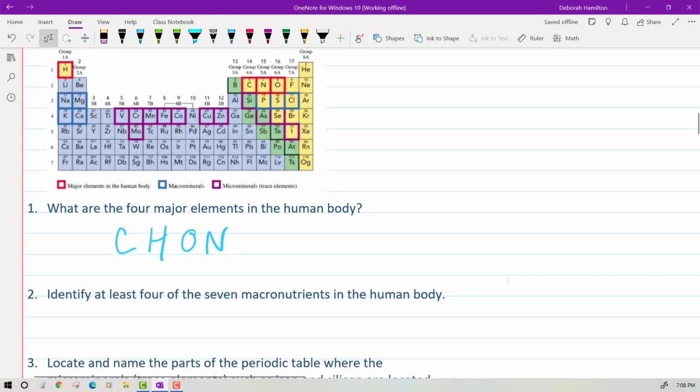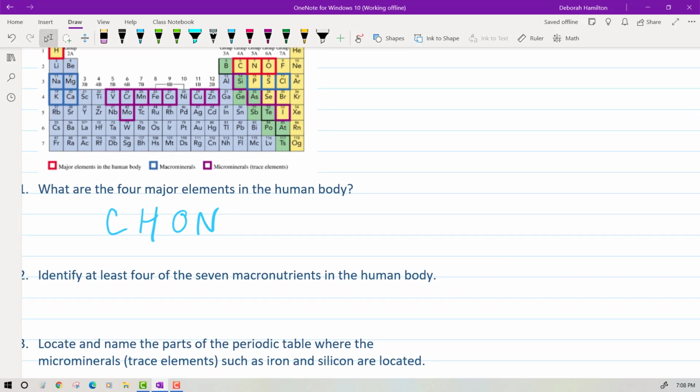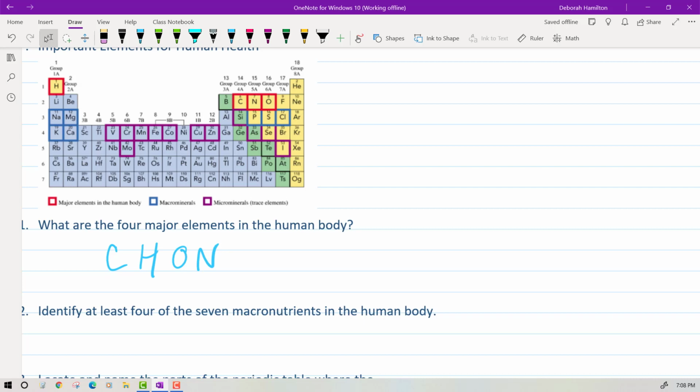All right, then it says list at least 4 of the 7 macronutrients. All right, and the macronutrients in here are up in blue. There's 4 over here in the metals. And then you can see 3 of them over here in the nonmetals, phosphorus, sulfur, and chlorine.